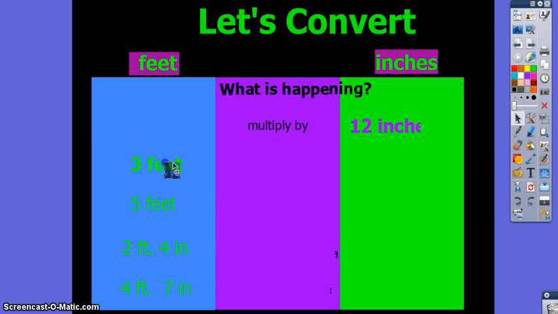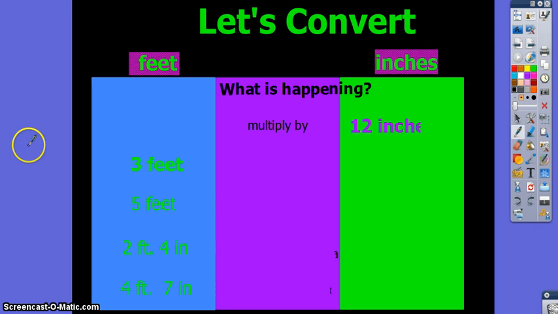3 feet equals how many inches? Okay, well, let's think about that for a second. In this particular problem, we're moving from feet to inches. So this unit, feet, is larger than inches. If you look at your star conversion chart, it shows that 12 inches equals 1 foot.